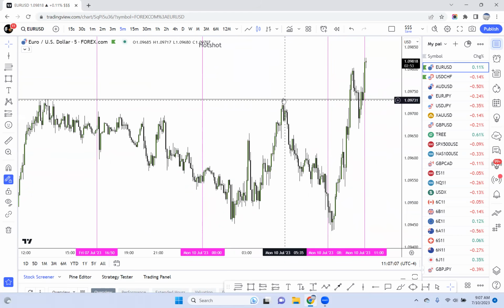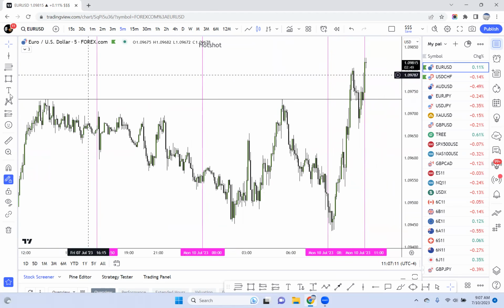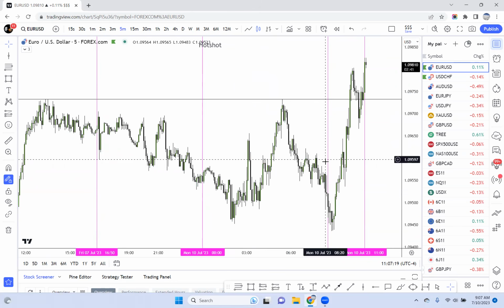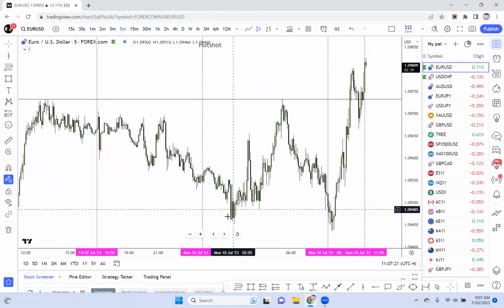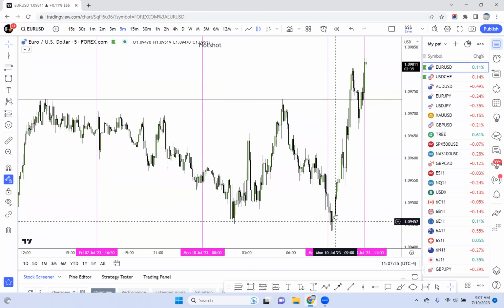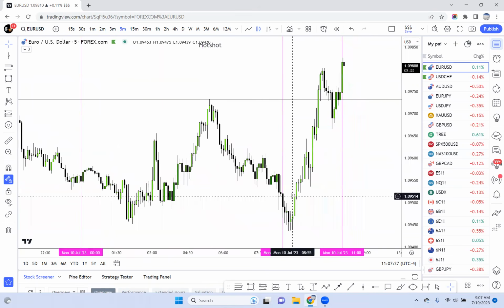Moved up, then it engineered equal highs right here, relative equal highs, so that engineered liquidity above there. Now, during the day, whenever New York session came, it ran out the London low right here, and then it started moving for buy side, right?